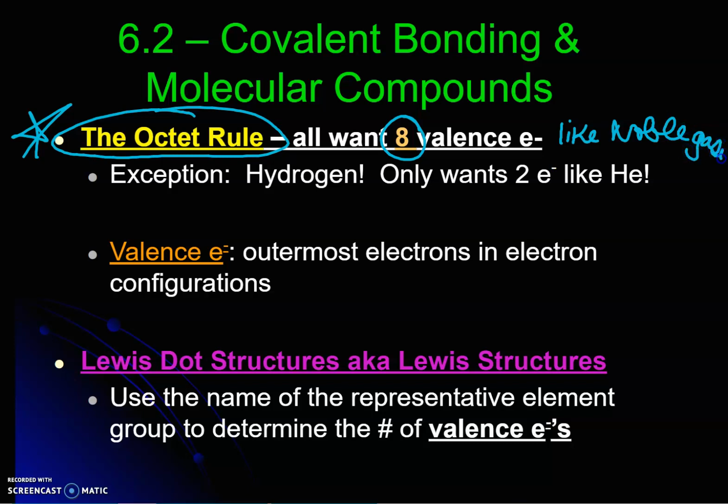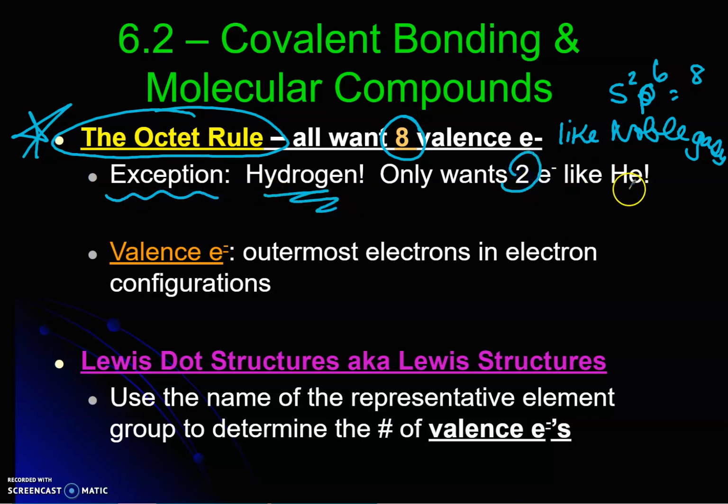Okay, if you remember back to our electron configurations, the noble gases had a full S and a full P electron configuration, which means s2p6, meaning 8 outer electrons. The only exception to this, which I'm sure you're used to by now, is hydrogen.